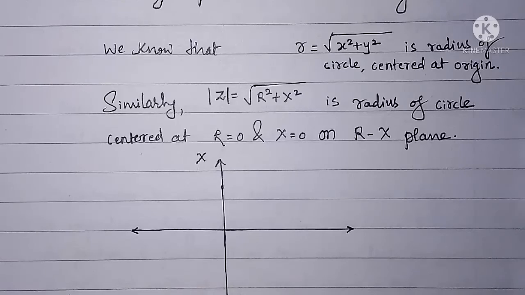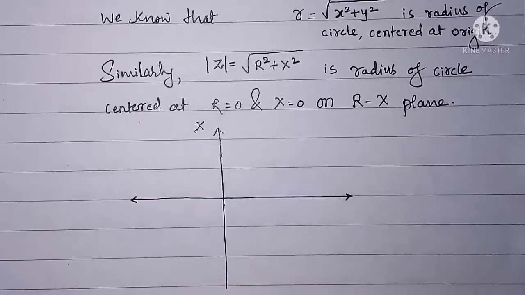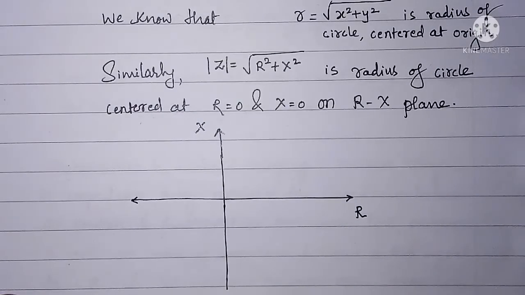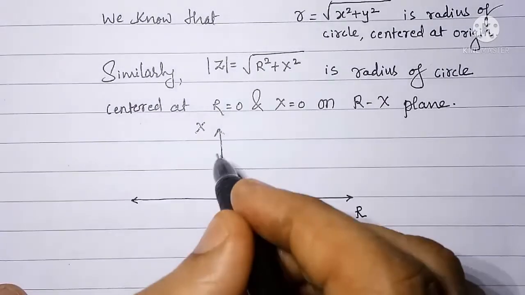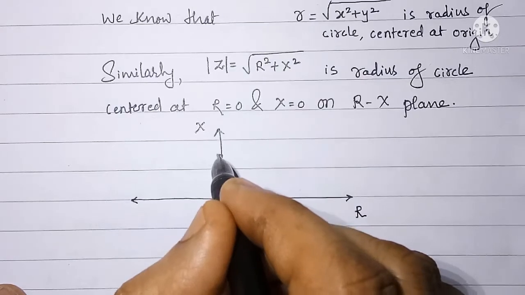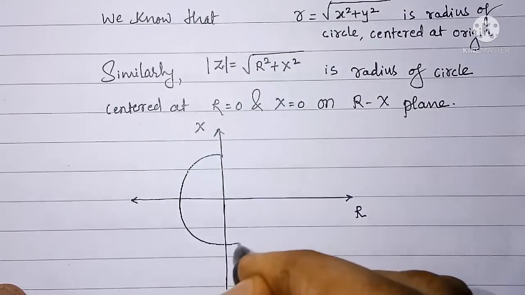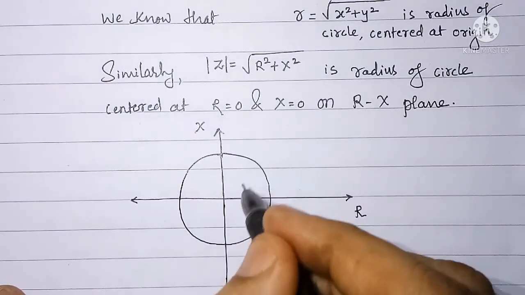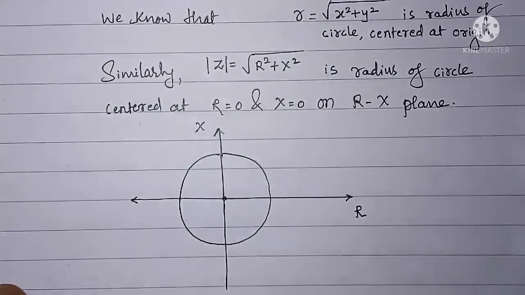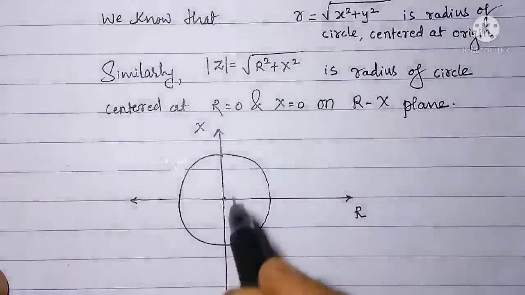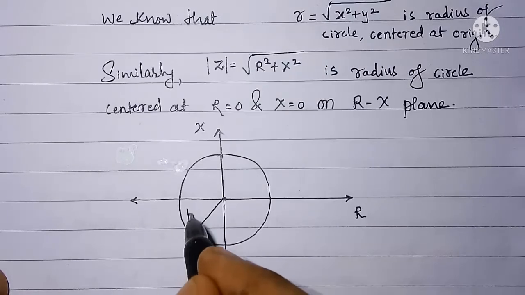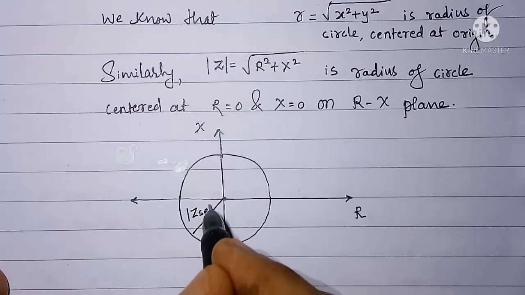So it is X here, and this is R here. This is origin of RX plane. This circle has now radius of Z set.